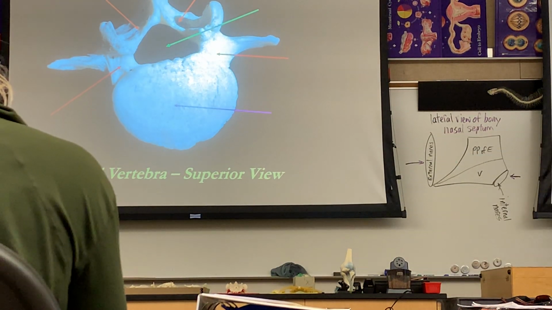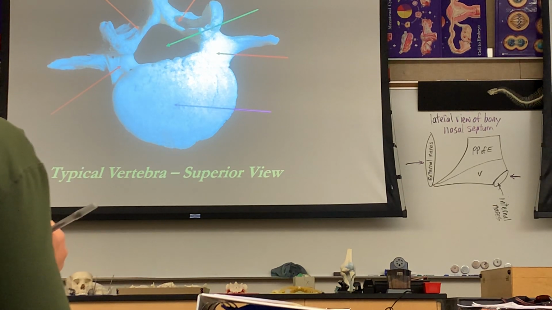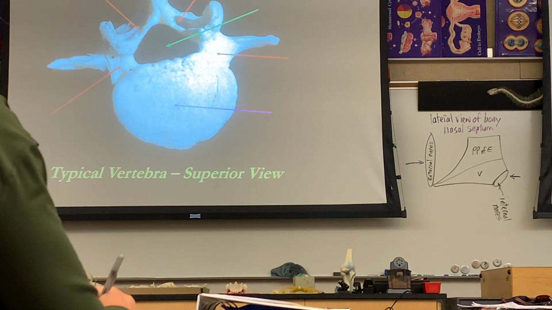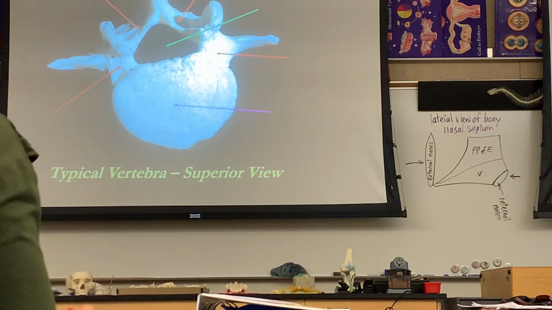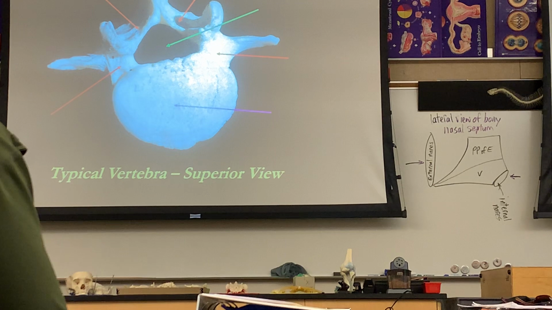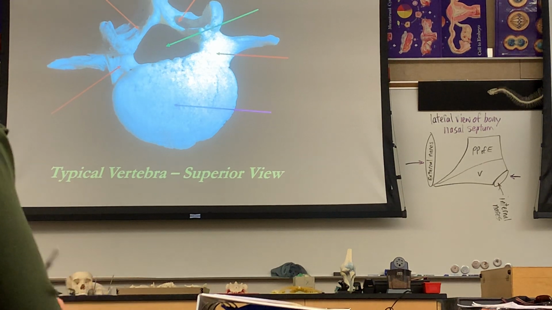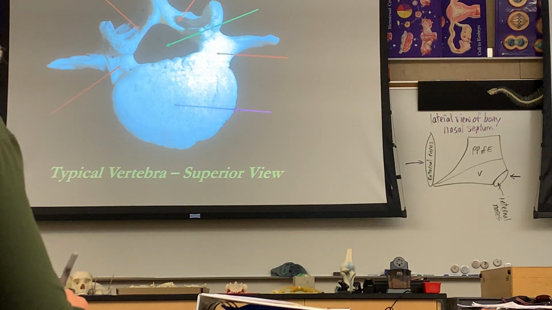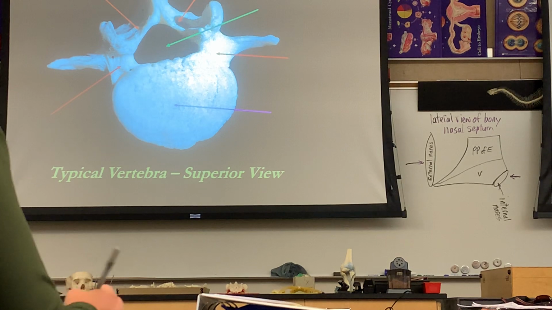But if you take the vertebral arch, blue one, and add the posterior wall of the body, that gets you the vertebral foramen.